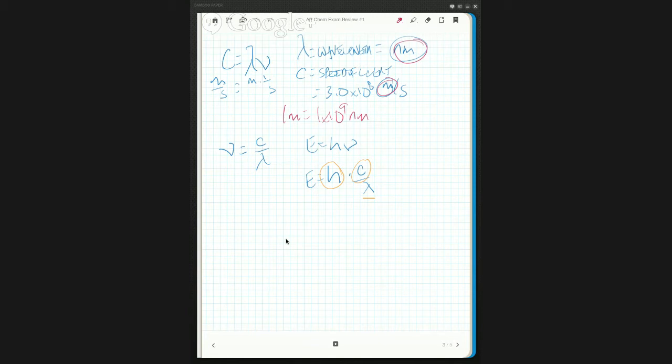This is also a good time to mention, because they talk quite frequently about Coulomb's law. C-O-U-L-O-M-B, Coulomb's law.